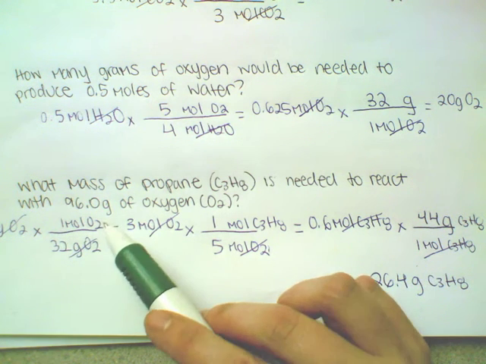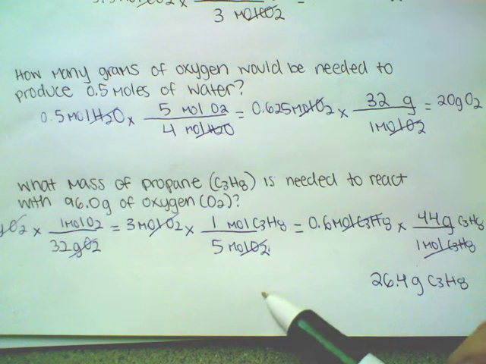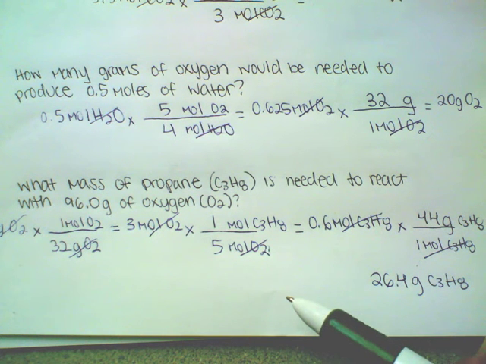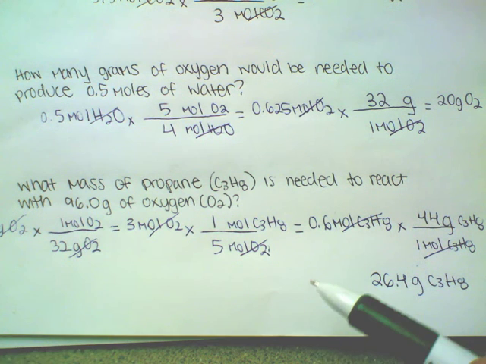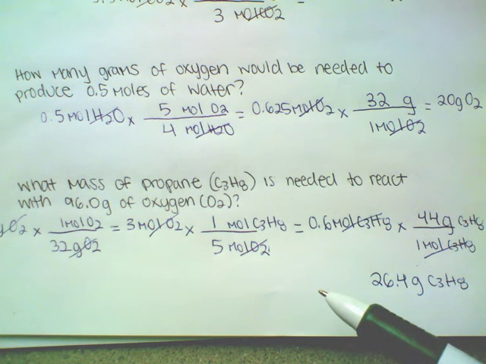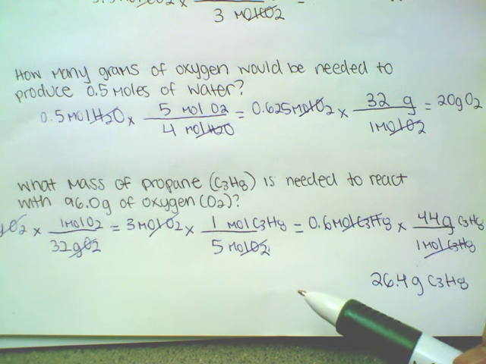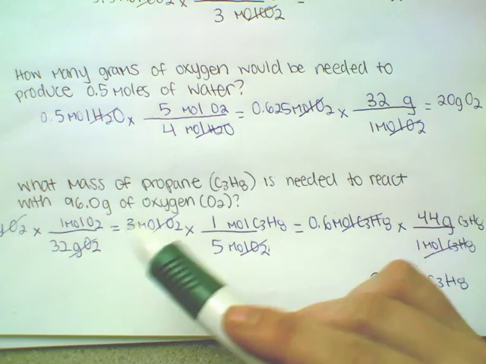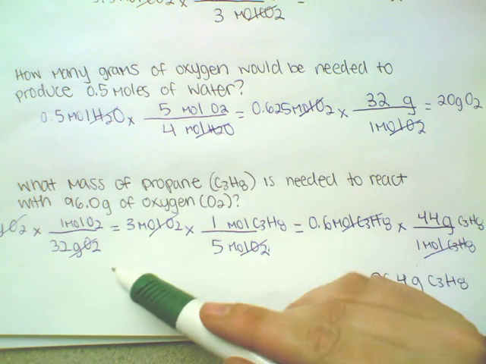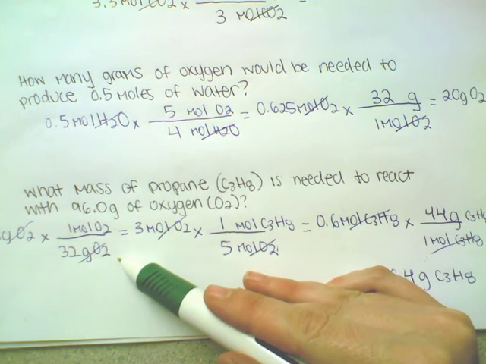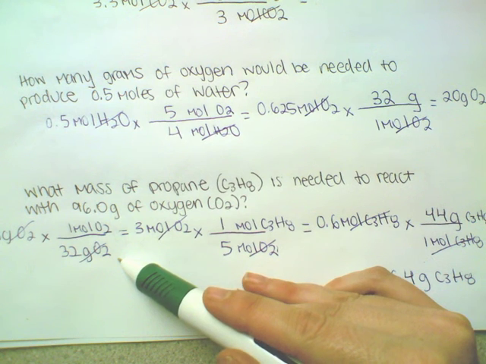It'd be like if you were given the amount of teaspoons that you were going to put into your recipe, but the recipe called for cups. In that example, you would first need to know how many teaspoons are in a cup. So the same idea applies here. We know what mass we're dealing with, but our recipe calls for moles.